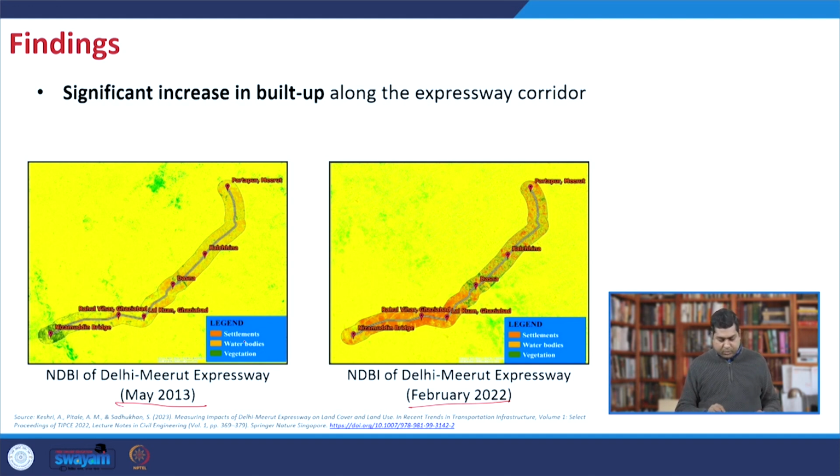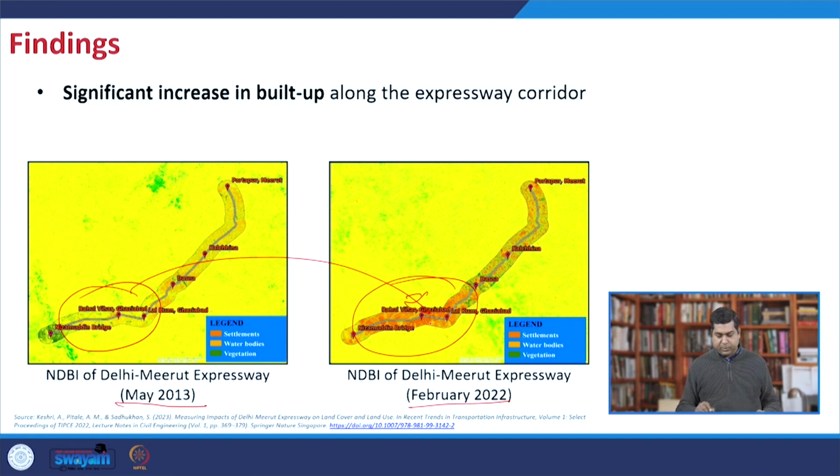If you just concentrate on the settlement, the built up, that is shown in this orange color. In 2013, you cannot see much of those colors representing the built up, and there is a significant change that you can see in this particular map.